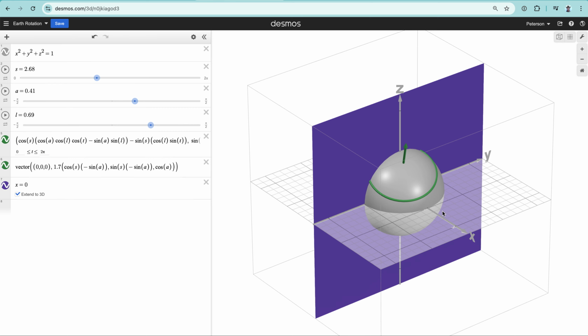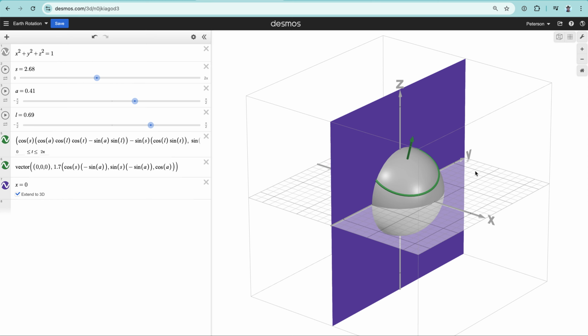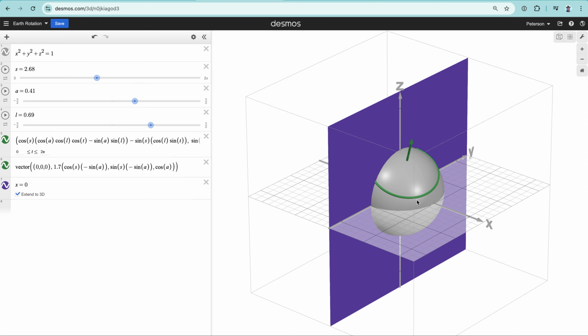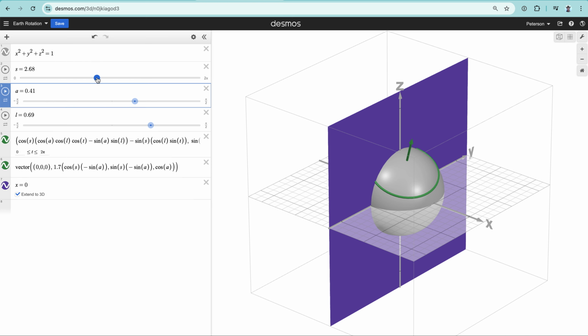Alrighty, it's time for more Desmos. So, here on this 3D graph, I have a unit sphere that's meant to resemble the Earth, and I have sliders for the time of year. That's S for season, the time of year.